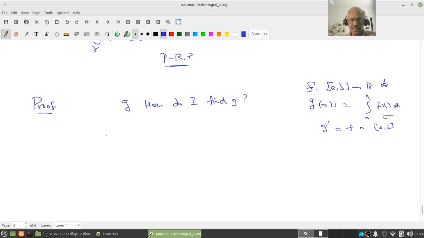The first thing is, these are the small things we want to assume. That's why, if you want, you can assume it's convex, but that's not necessary. We will see that.